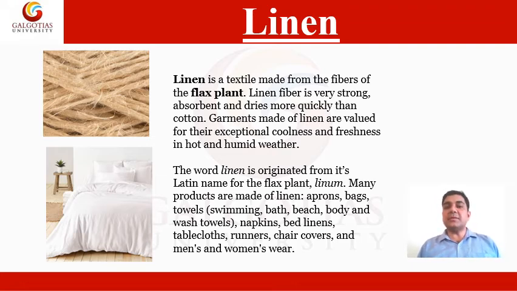We are looking for something durable that can be useful for many purposes. For that, the hotel industry has chosen linen as a fabric. Garments made of linen are valued for their exceptional coolness and freshness in hot and humid weather, so this fabric is suitable for both seasons.